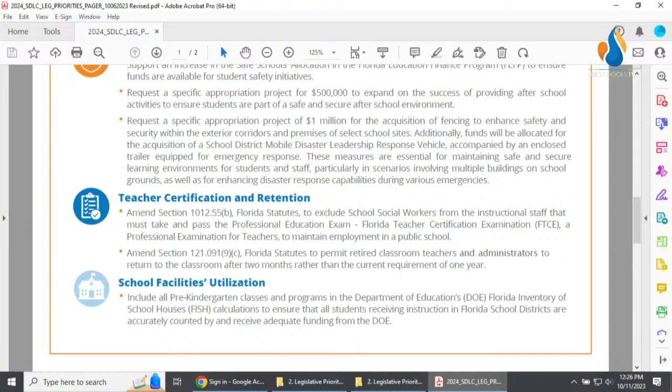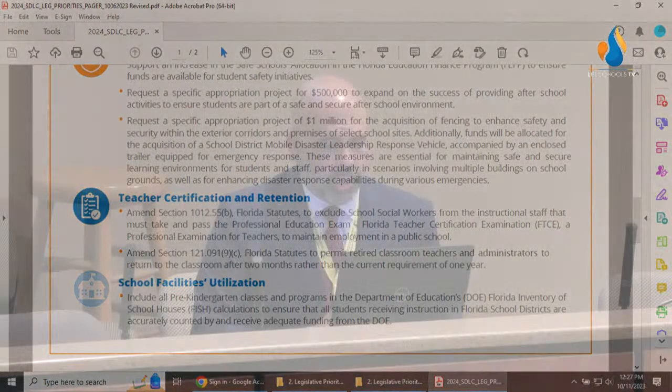Okay, so we're asking the same ask to exclude the school social workers from the instructional staff that must take and pass the professional education exam. Okay, so that's a continuation. All of this was massaged and verified also by Kim McDougall from Greenberg Traurig. So finally, we ended up with the right wording.